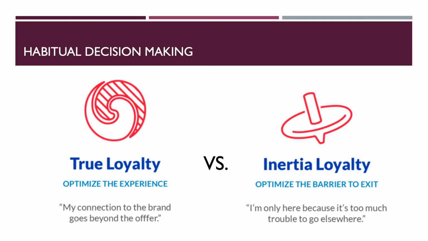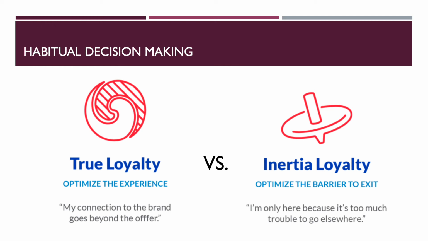Brand loyalty describes a pattern of repeat purchasing behavior that involves a conscious decision to continue buying the same brand because there is a connection with the brand that goes beyond the offer. On the other hand, as I said, inertia is optimizing the barrier to exit because it is familiar, because it is too much trouble to go somewhere else to try a new product.